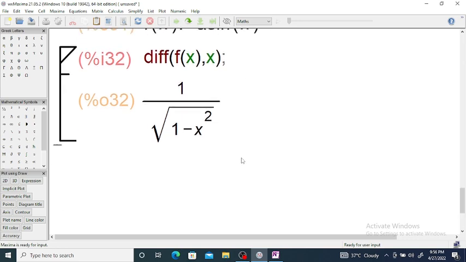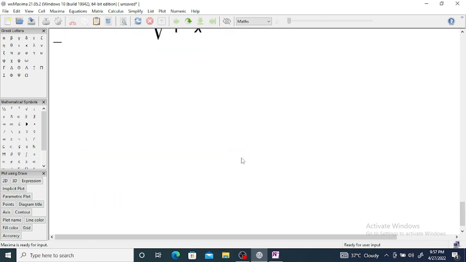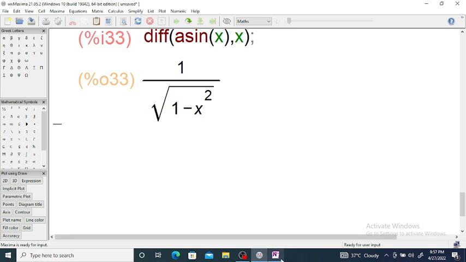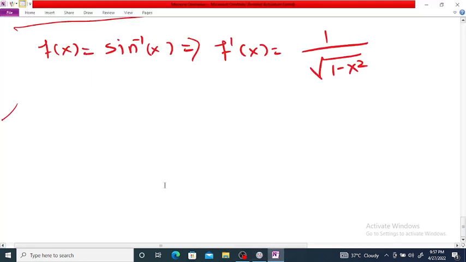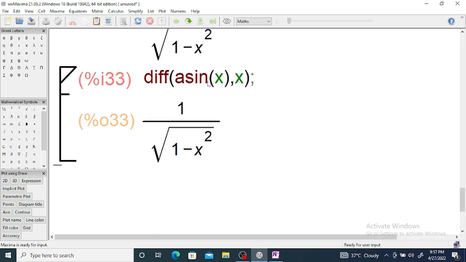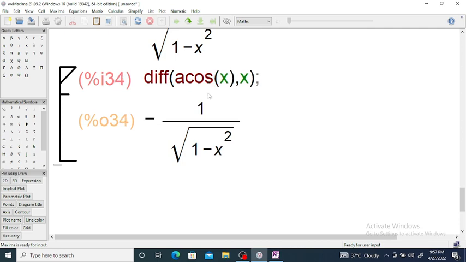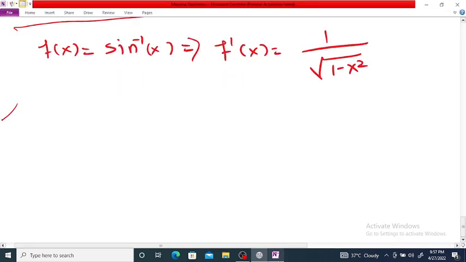Or you can directly write the derivative of asin of x, independent variable x, and it is equal to 1 divided by under root of 1 minus x square. Similarly, for cos inverse x, if you write acos of x, that is equal to minus 1 divided by under root of 1 minus x square.